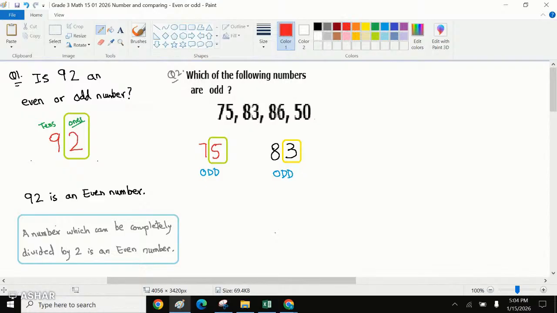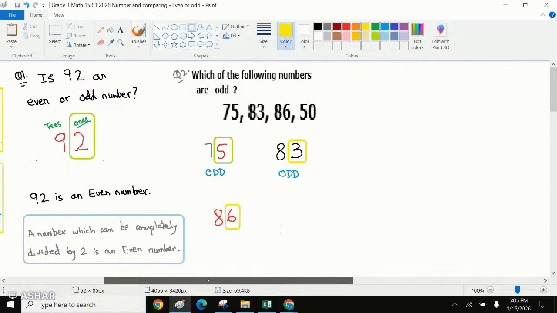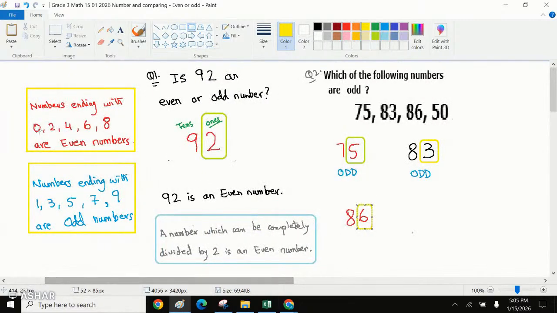But if we have 86, the third number, we can say that since 86 is ending with a 6, and any number that ends with 0, 2, 4, 6, and 8 would always be an even number, right? And for the last option, we have 50. 50 ends with a 0.